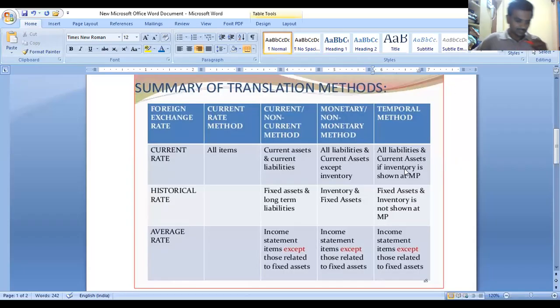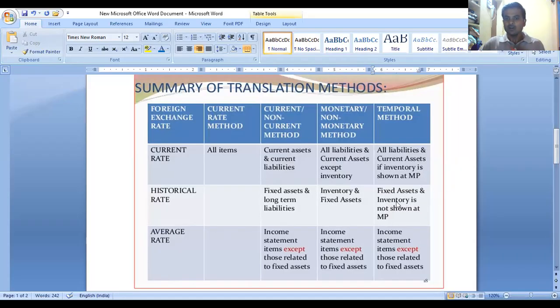In this problem, it didn't mention any market value for that check. So I will consider inventory also as part of current assets, because in this problem they didn't mention any market price. I am considering it on a current rate method basis. So here all the liabilities plus all the current assets should be converted to the current rate.